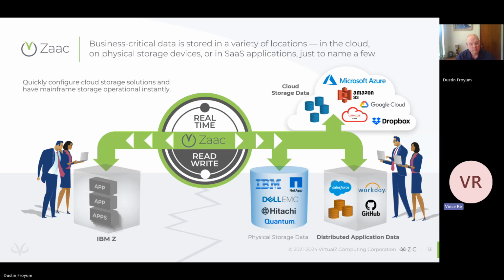So if I wanted to create this library of Zack virtual disk or tape volumes from one data center, and then for whatever reason something happens and I need to access that data somewhere else, nothing has to be restored. Assuming you have the security and credentials that allow you to access that data, you can access it anywhere, with no impact whatsoever.